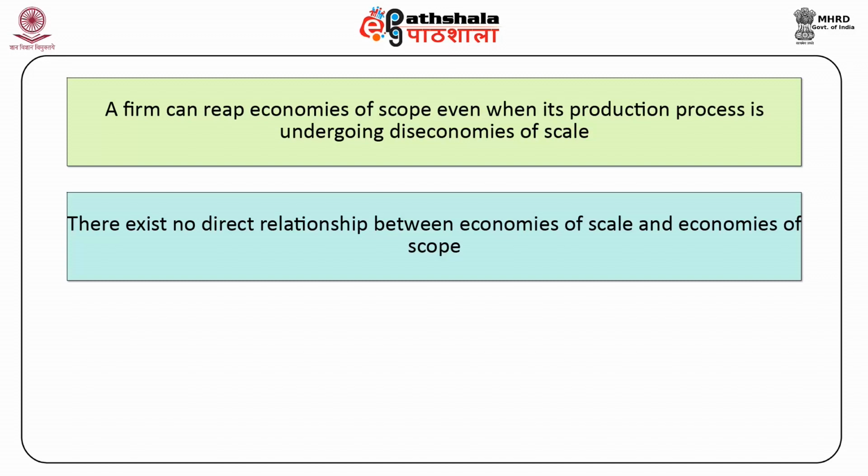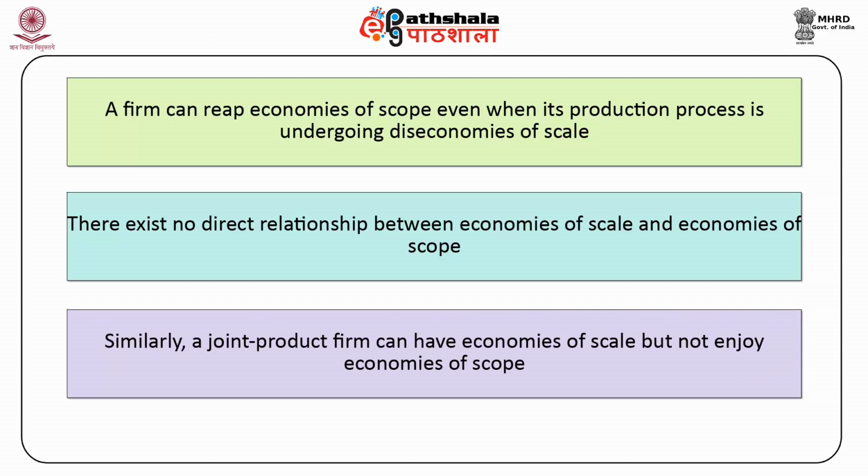Suppose manufacturing guitars and violins jointly is cheaper than producing both separately. This would mean economies of scope. But the production process involves highly skilled labor and is most economical if undertaken on a small scale. This explains a situation of diseconomies of scale.